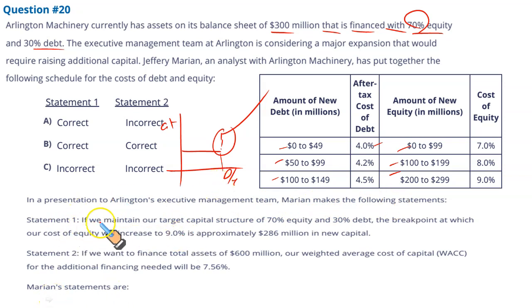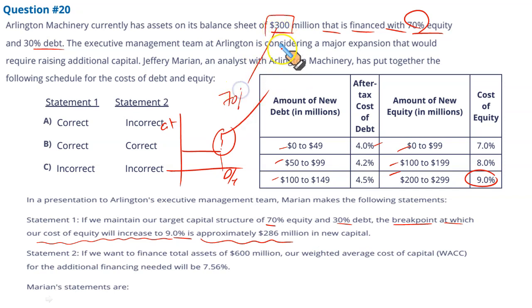First, if we maintain our target capital structure of 70 equity and 30 debt, the break point at which our cost of equity will increase to 9% is approximately $286 million in new capital. Now, existing assets on our balance sheet are $300 million. Out of that, 70% has come from equity, 30% from debt. That means $90 million from debt and $210 million from equity. Now, 210 falls within this range. Let us see if the funding reaches up to 200 million of equity.